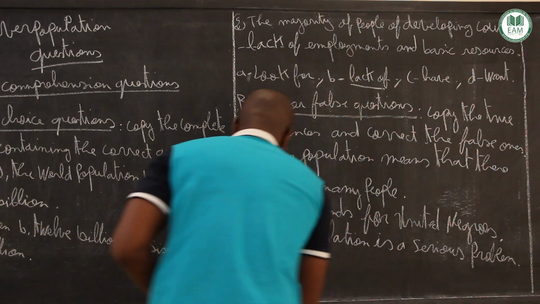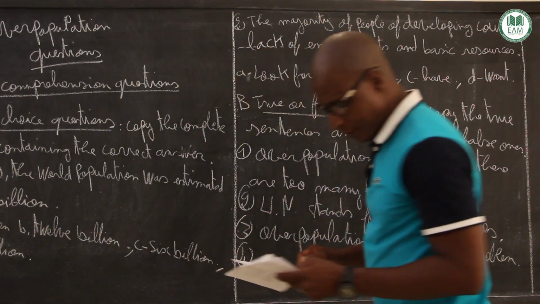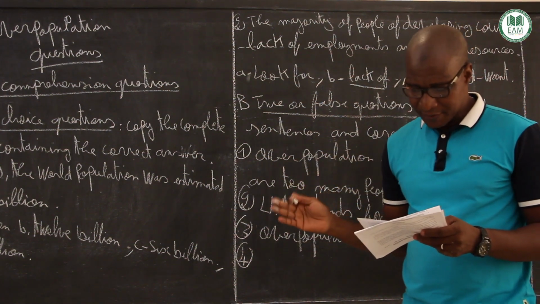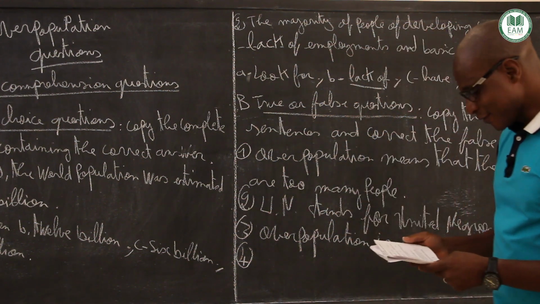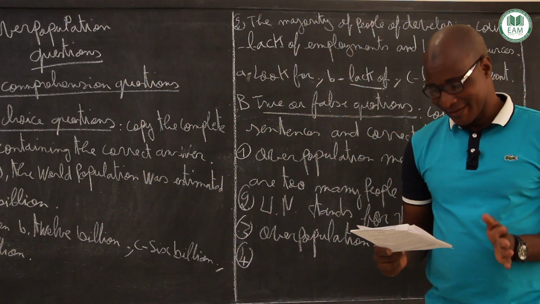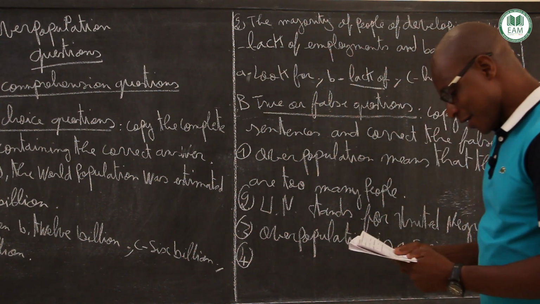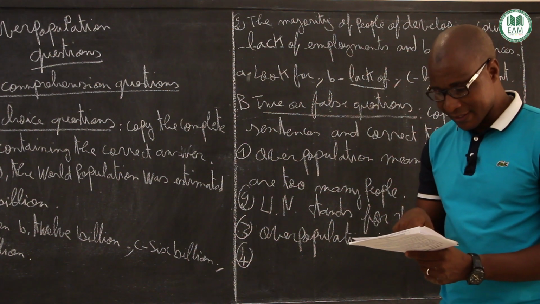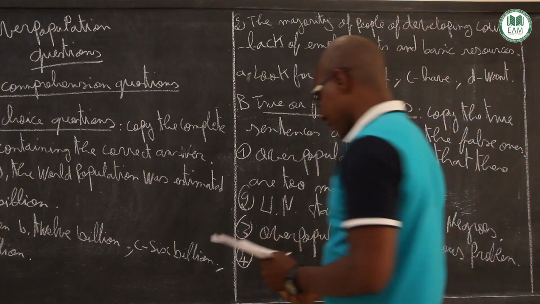And here, the last part of true or false, number 4. What we say? Nowadays, having too many children means having few problems. That is not correct. It is false. And what you need to do? We say in the text it is several, but in the question it is few. So we change few by several.